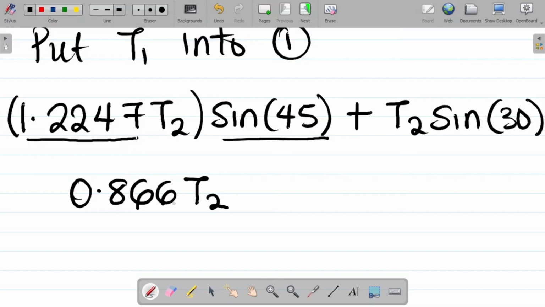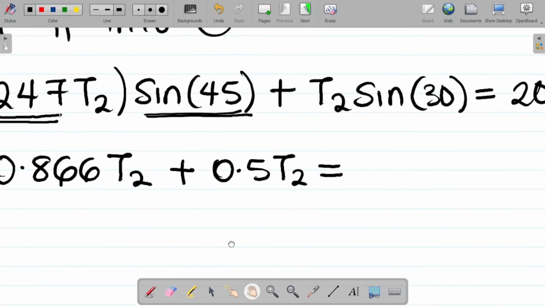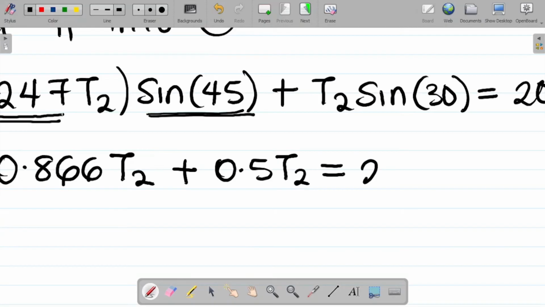So 0.866 T2 is simply 1.2247 multiplied by sine 45, plus T2 sine 30. If I punch sine 30, that gives you 0.5. So plus 0.5 T2 is equal to 20.